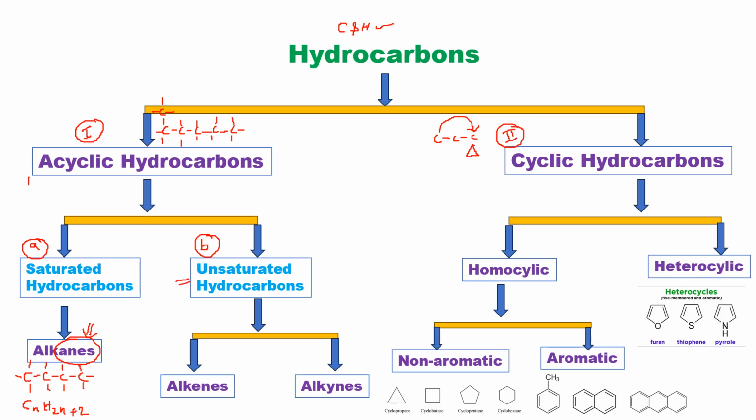Next, unsaturated hydrocarbon compounds. That means the chain contains at least one carbon-carbon double bond or carbon-carbon triple bond. Here the best example is alkenes. The suffix of this group is "ene", meaning the chain contains at least one carbon-carbon double bond.